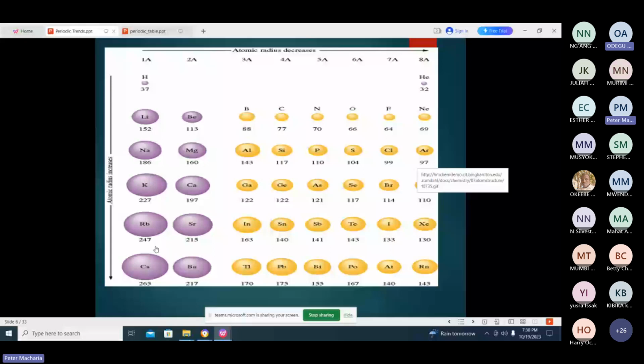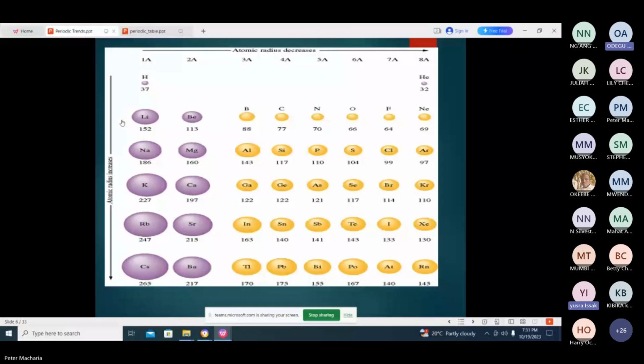Now, we're trying to use a very simple technique, what you can see, what you can figure out. Look at the trend across the period. For example, look at the trend across period 2, starting from lithium. Forget about hydrogen and helium. What can you observe? The atomic radius is decreasing across the period, right?